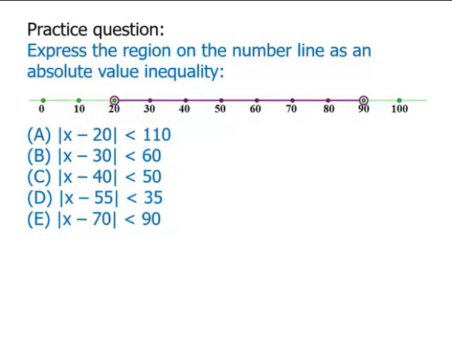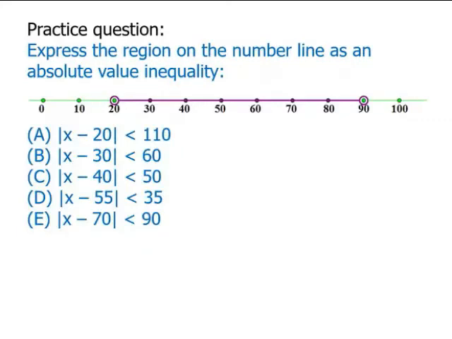Here's a practice question. Pause the video and then we'll talk about this. Okay, here we have a graphical representation of an inequality. And a few things to notice. We have open circles at the endpoint. So open circles, that's how we would say that the endpoints are not included.